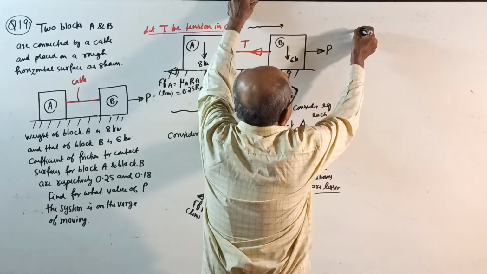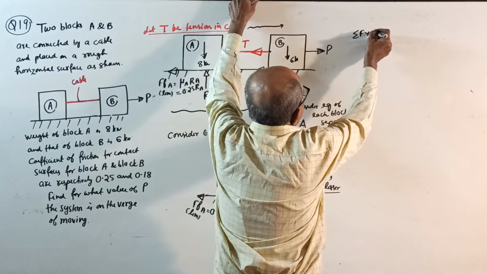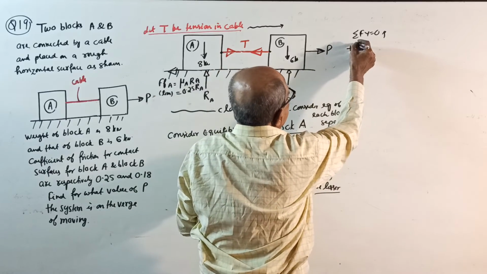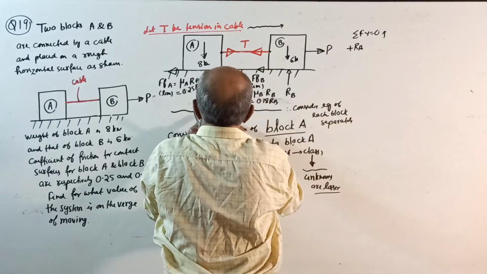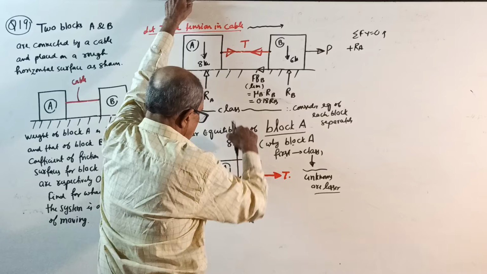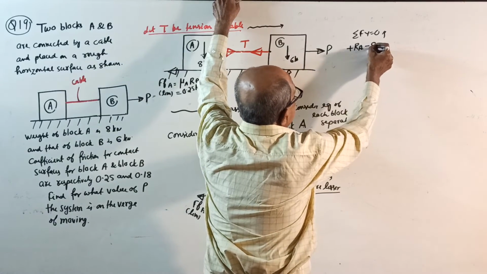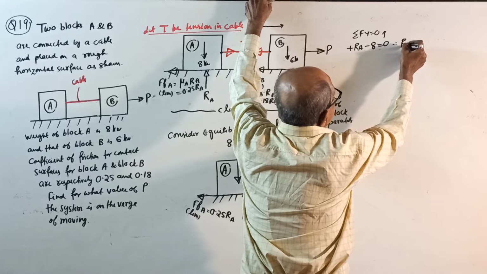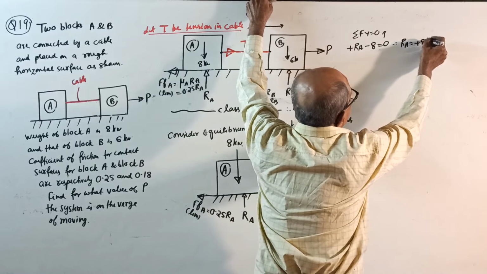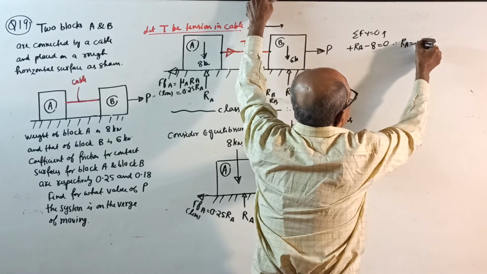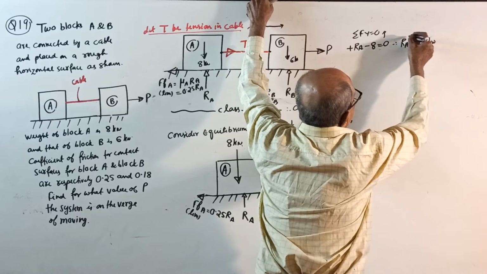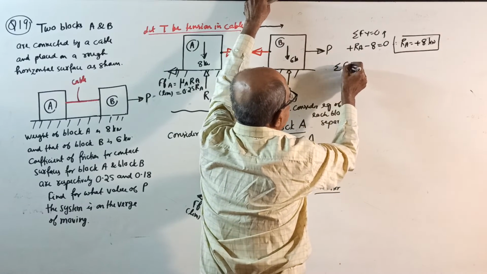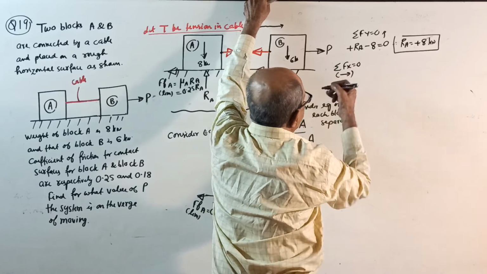Sigma Fy equal to 0, upward positive. You get plus RA minus 8 equal to 0. Therefore, your RA will come plus 8 kilonewton. Then sigma Fx equal to 0, take right side positive.